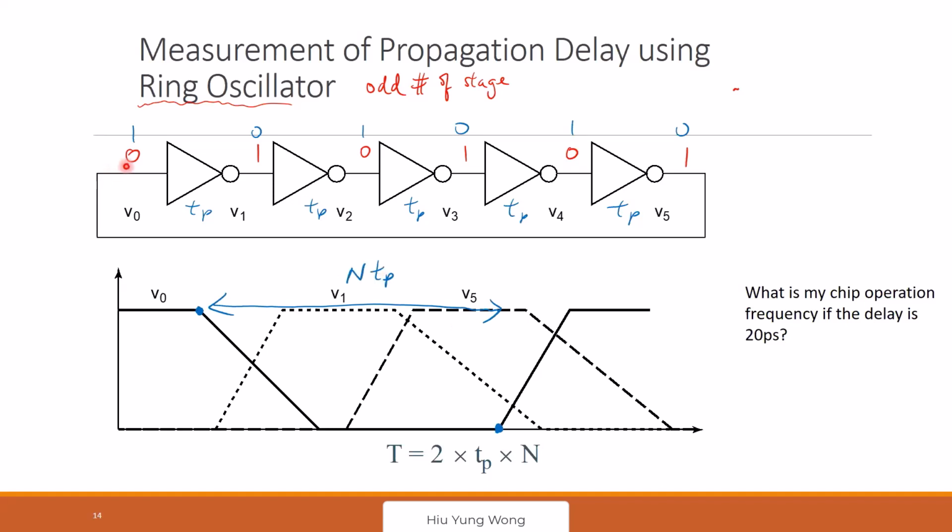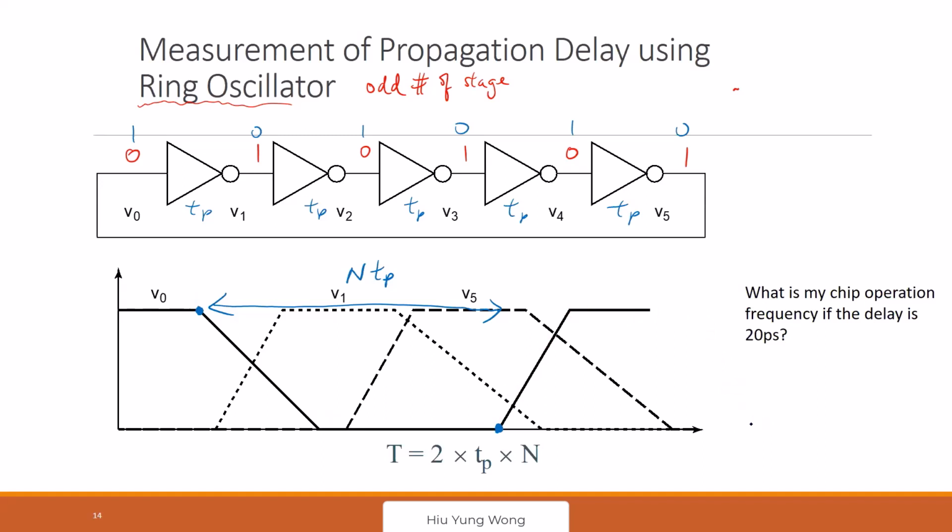Because I give 0, I don't respond, nothing happened, or you keep propagating. After N TP, you come back to me, and then you make me become 0, right? Of course, this is just an approximation. Then when will I go back to the original state? I need to go through one more time. Then I will go back to 0. So the total time is 2 times TP times N. So if you try to probe it on the oscilloscope, you will see a much lower frequency oscillation.